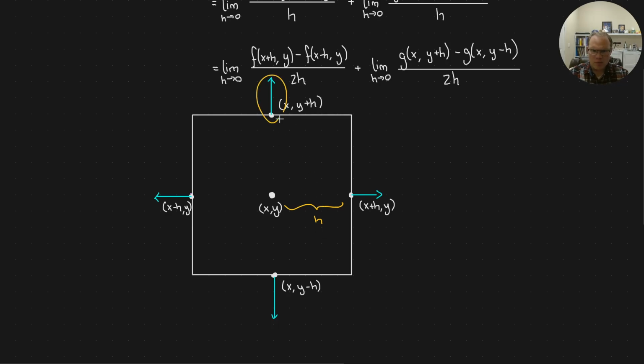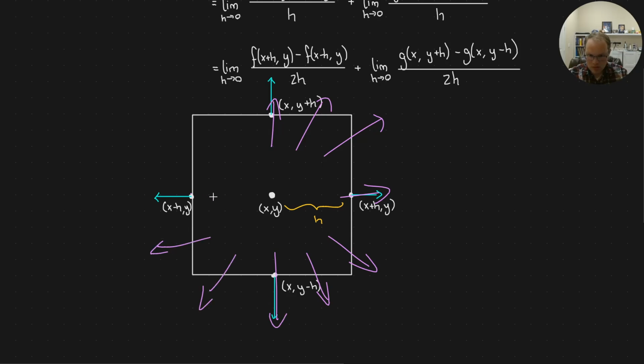So if all of these were positive, then which way would the vector field be going? Something like that. It'd be moving away from the point. I hope that makes sense.